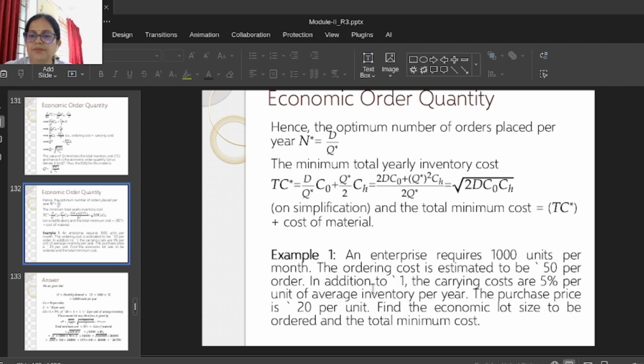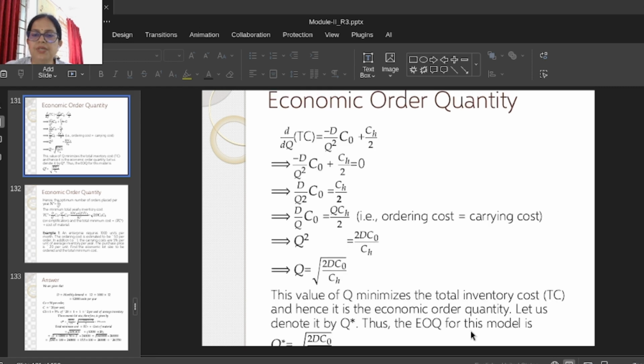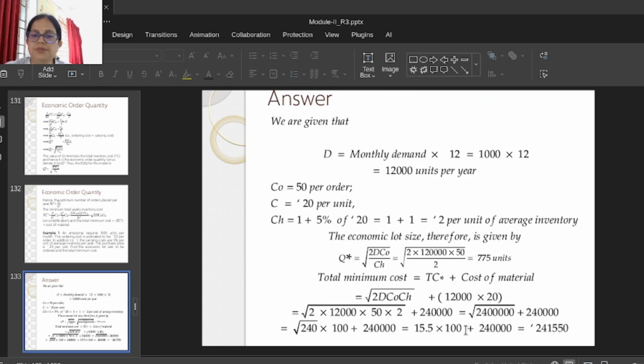Again, the question asks to find the economic lot size to be ordered and the total minimum cost, that is TC, we need to calculate. TC equals TC star plus cost of materials. TC star we have already discussed in our previous slides, that is root of 2DCOCH, plus here one cost we need to add, that is the purchase cost.